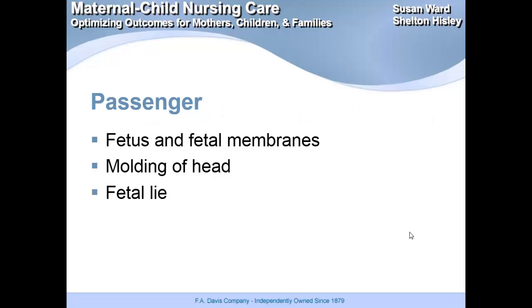So the passenger, this is the fetus and the fetal membranes. Normally baby is going to present head first, but there could be times where baby is positioned wrong, and the feet may be presenting first.